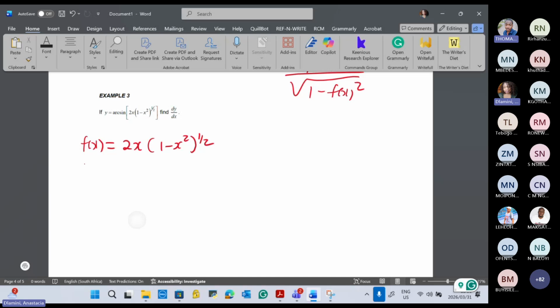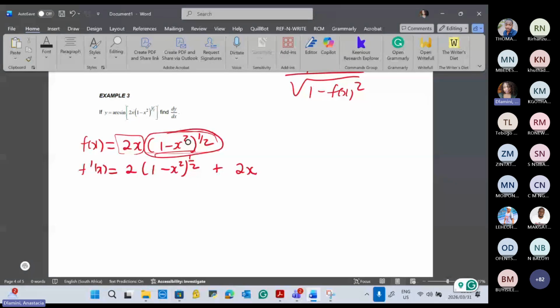So what's the derivative of this? f prime of x is equal to 2 times 1 minus x squared to the power of 1 over 2. We differentiate this function first, then we differentiate that. That's the product rule, right? Yes, ma'am. Now this becomes plus 2x, then we differentiate this. And when we differentiate this particular function, we have to apply the chain rule.